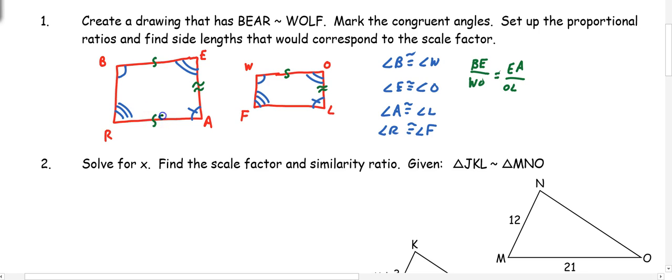Then we have AR, which is similar to LF. And then we have our last sides. BR must be similar to WF. Notice that when I did the similarities, they look like little waves instead of straight tick marks because we're using similarity, not congruence.